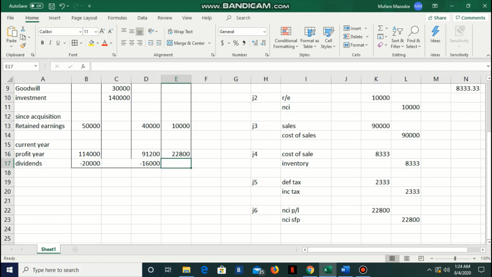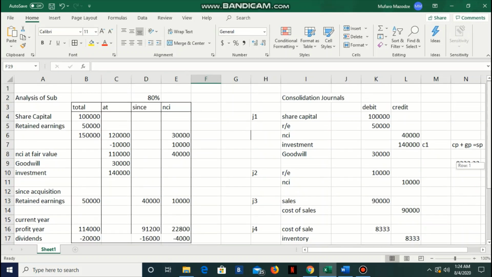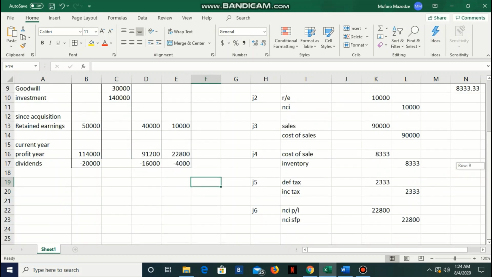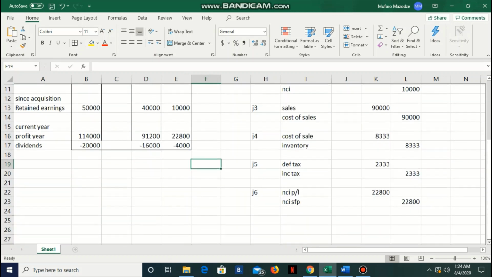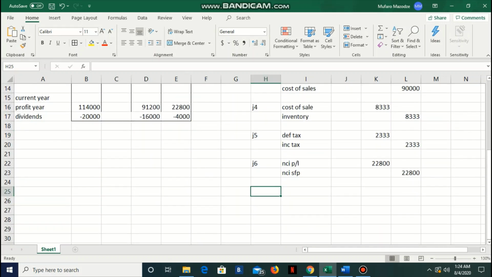And then 4,000 minus 4,000 for NCI. And then this is it. This is the analysis done and dusted. And don't forget the dividends journal.